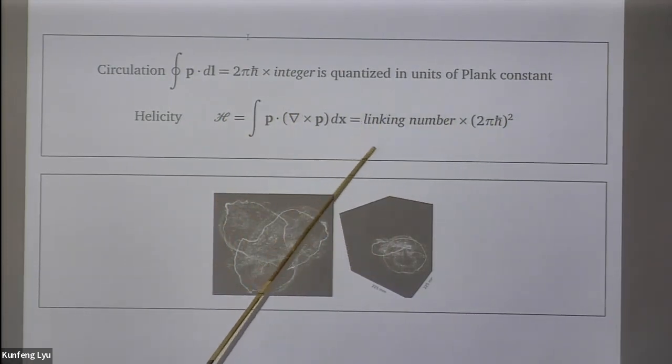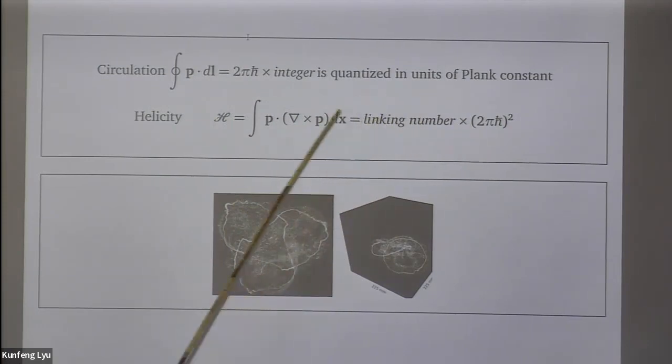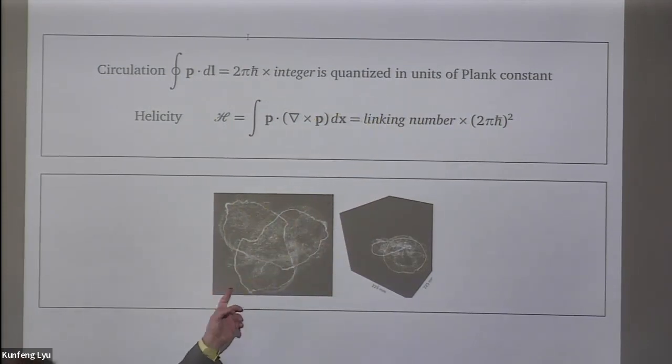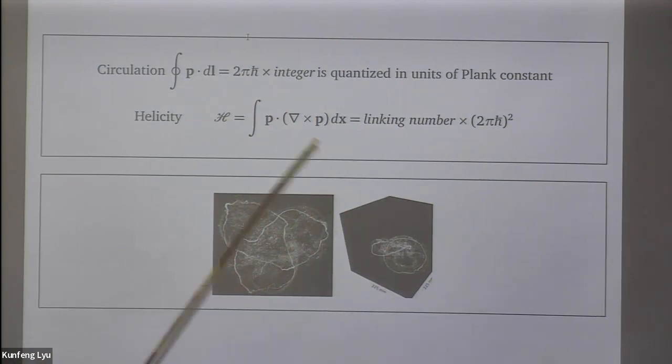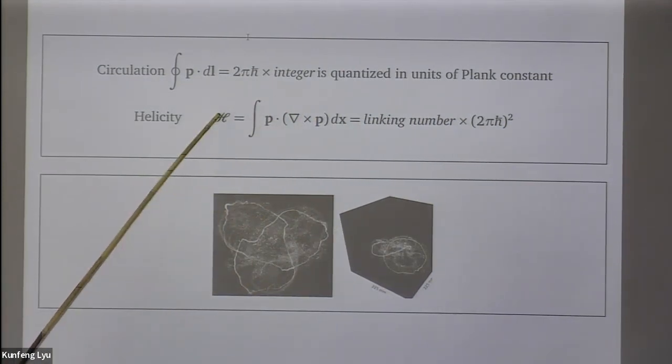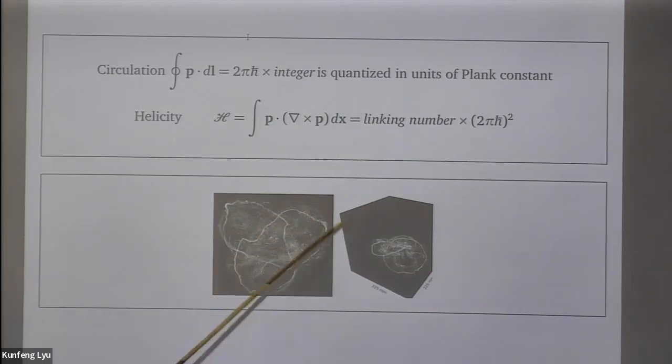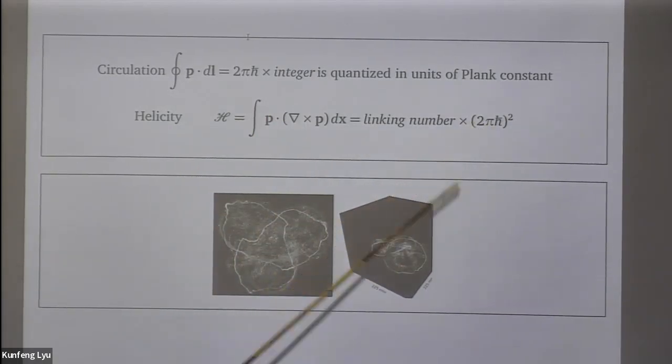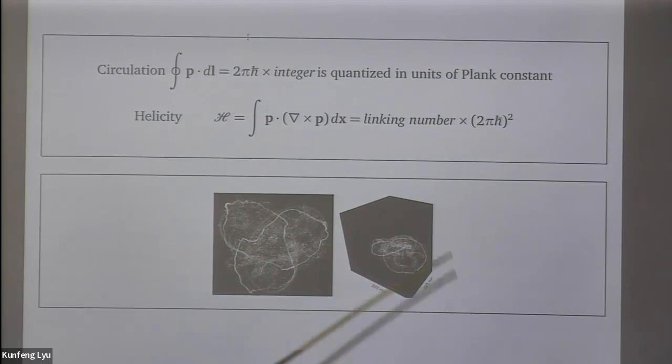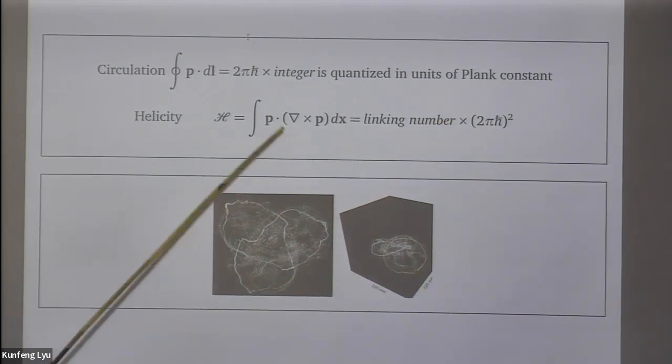And the coefficient which stays between them is exactly the linking number. When we write helicity and integrate it, we obtain a linking number times the square of the circulation of the vortex. Classically or quantumly, it's like that. And that's why it's conserved: because the linking number is an integer, it cannot be changed continuously. So once it's set, it will stay there.